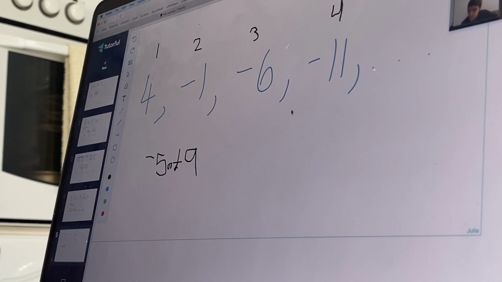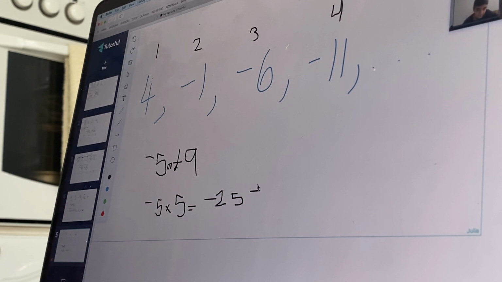So the 5th term is negative 5 times 5. Yeah, good, times 5, which is negative 25. Yes. Good. And then add 9.